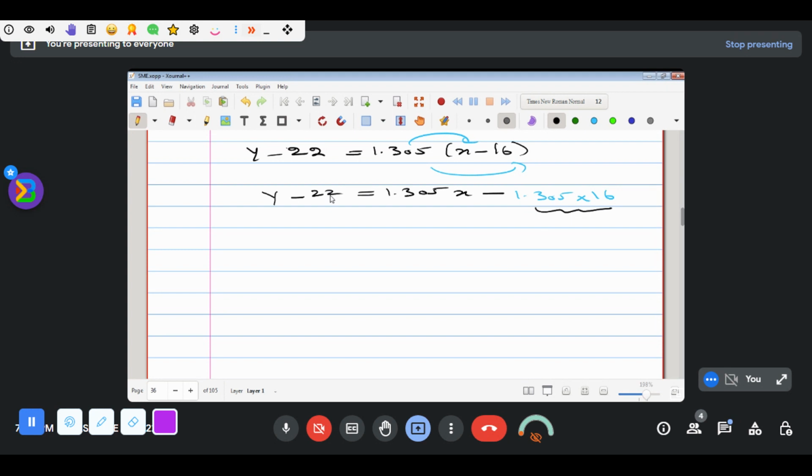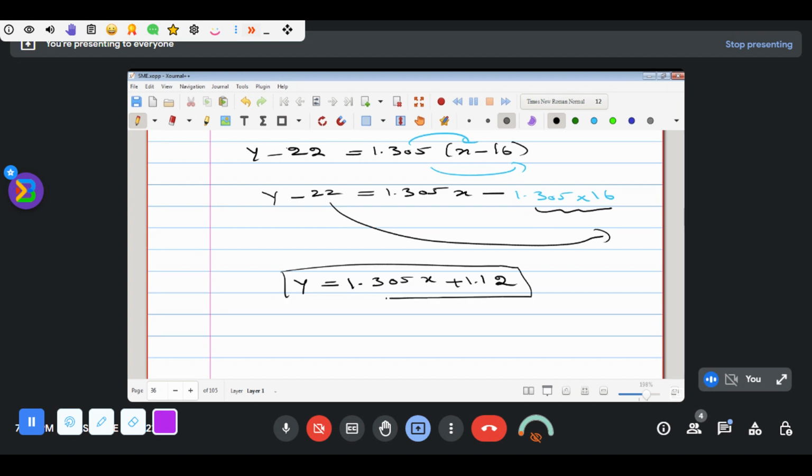After that, complete this calculation by moving the 22 to this side, and using the calculator the end result in this y on x concept is 1.305 x plus 1.12. This equation is called y on x.